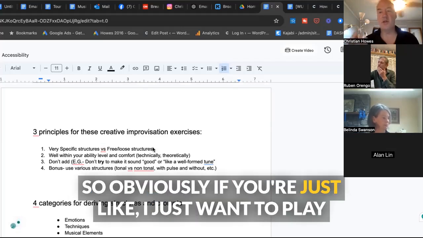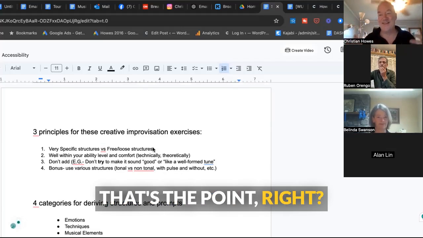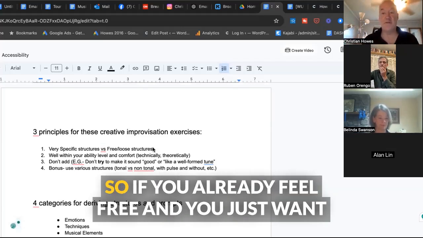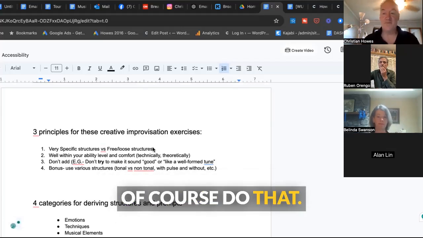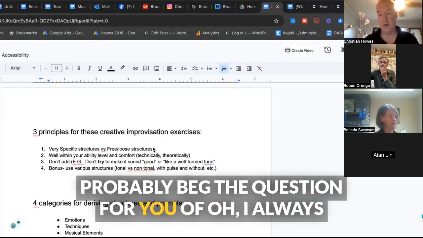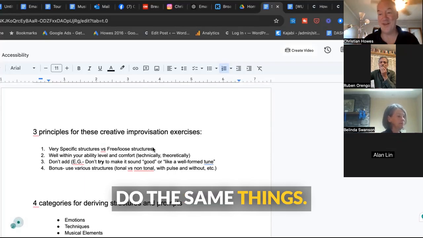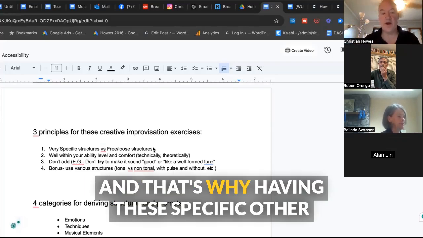If you just want to play whatever you want to play, great. That's the point, helping you feel free. If you already feel free, then of course do that. But if you only do that, it will eventually probably beg the question of, oh, I always do the same things. And that's why having these other specific structures is helpful.